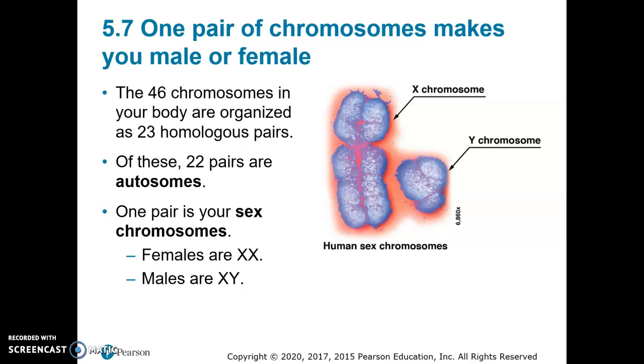They are not the same size. They're not the same shape. And they do not contain the same type of genetic information. As a matter of fact, the X chromosome has lots of genes on it, hundreds of genes, and the Y chromosome has very few. That might account for the size difference that you're seeing.